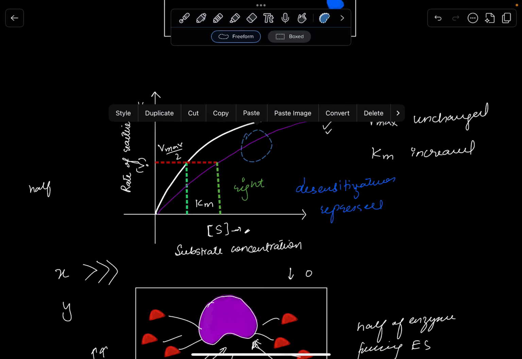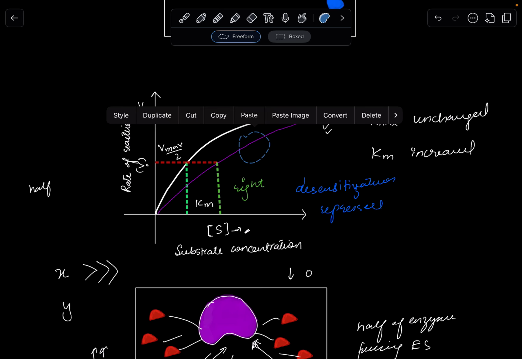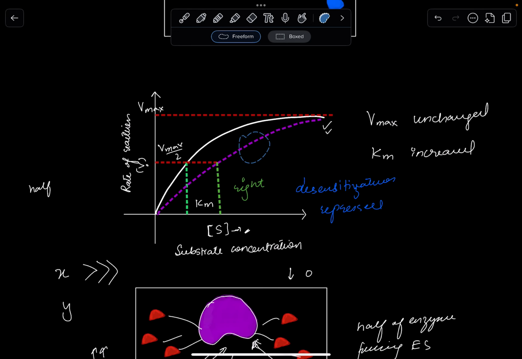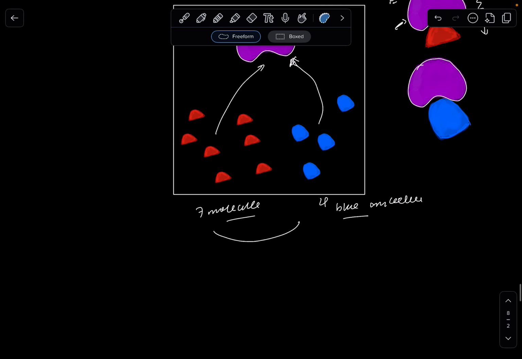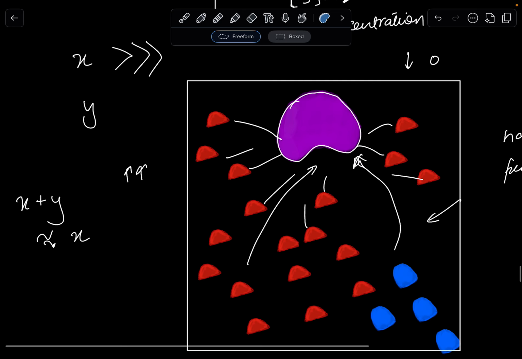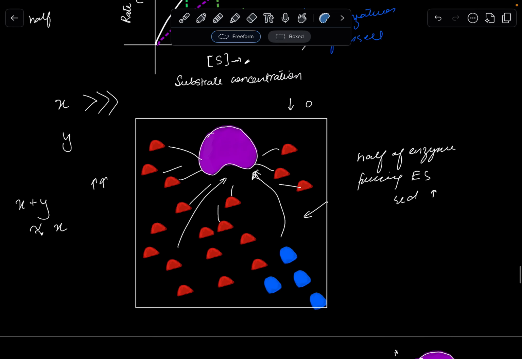So that's the effect that I need you to take away from this, which is, in the case of a competitive inhibitor, depending on which you increase, either the competitive inhibitor or the substrate, the desired effect will be different. So Km will increase, so we'll move to the right, that we call desensitization, and the Vmax will remain unchanged, because if I have such a large number of red substrate that effectively I can say that x plus y is roughly equal to x, then Vmax won't change.